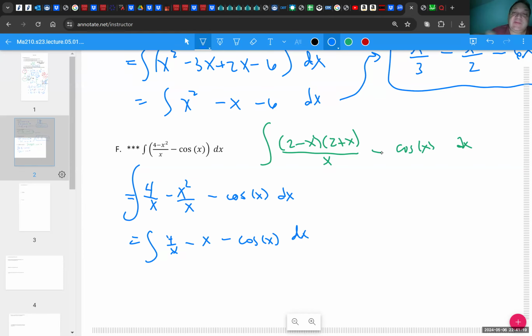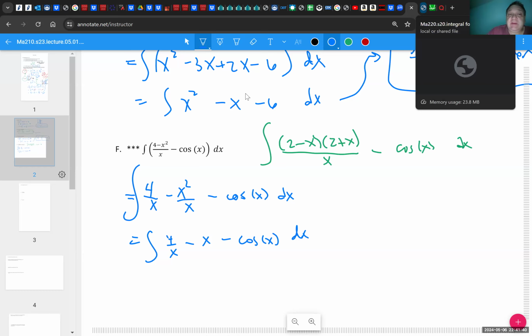All right, so is 4 over x recognizable? Well, it is if we don't include the 4. Now, 4 is a constant being multiplied or divided, doesn't matter, but it's a constant multiplication, and constants that are being multiplied don't affect derivatives. They don't affect antiderivatives.